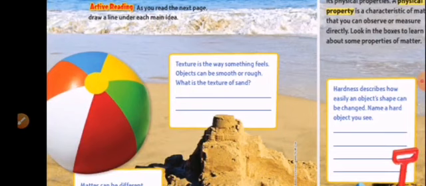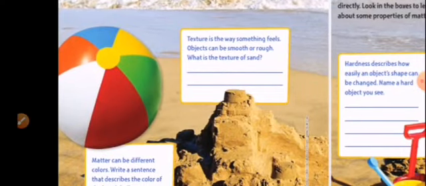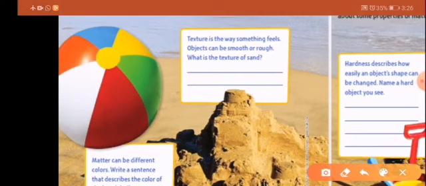if you can remember the physical properties of matter, the texture is the way something feels. We say objects can be smooth or rough. So, what is the texture of sand? If you touch the sand with your hand, will it be smooth or rough?